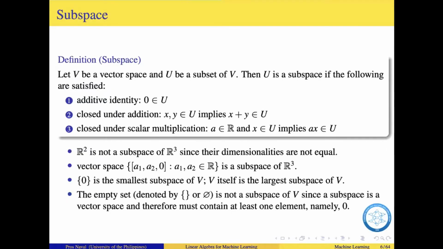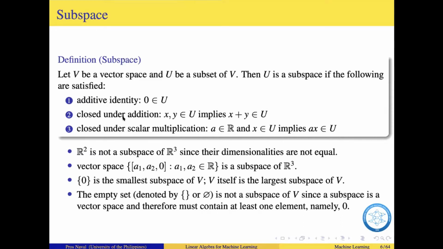Subspace. Let V be a vector space and U be a subset of V. Then U is a subspace if the following are satisfied. You have additive identity, which means that the zero vector is in that subspace.